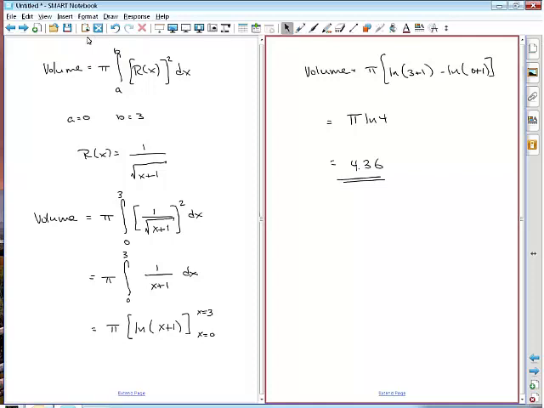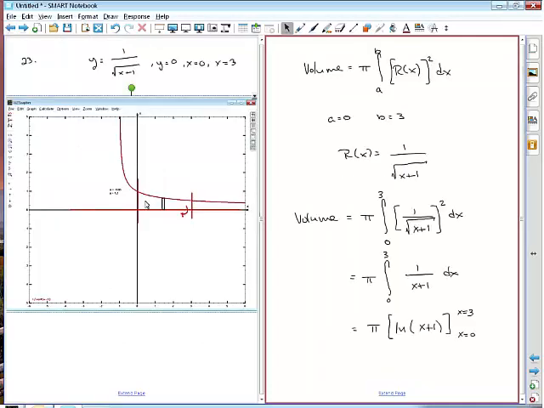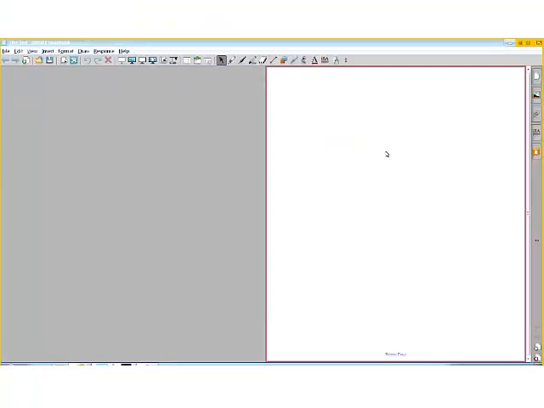Let's go back to the original picture of this thing rotated around the x-axis. Problem 33, you can find it in the book.